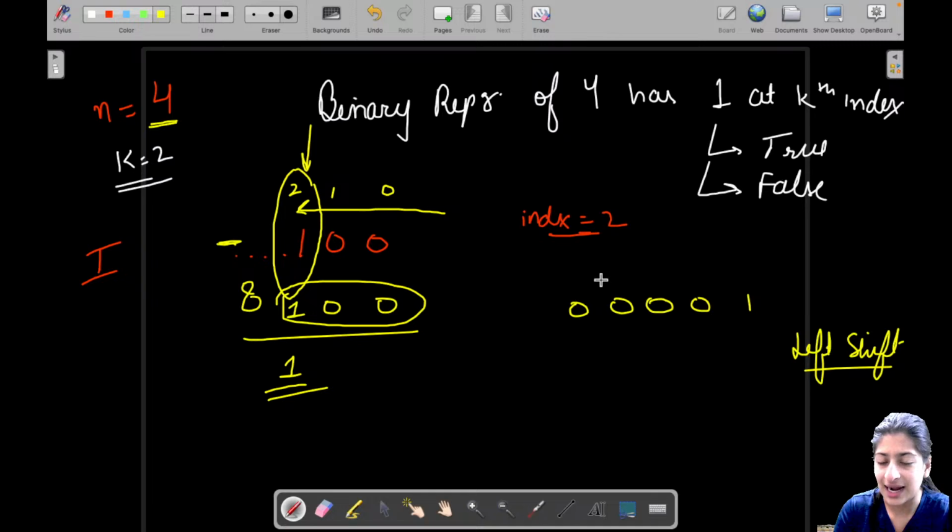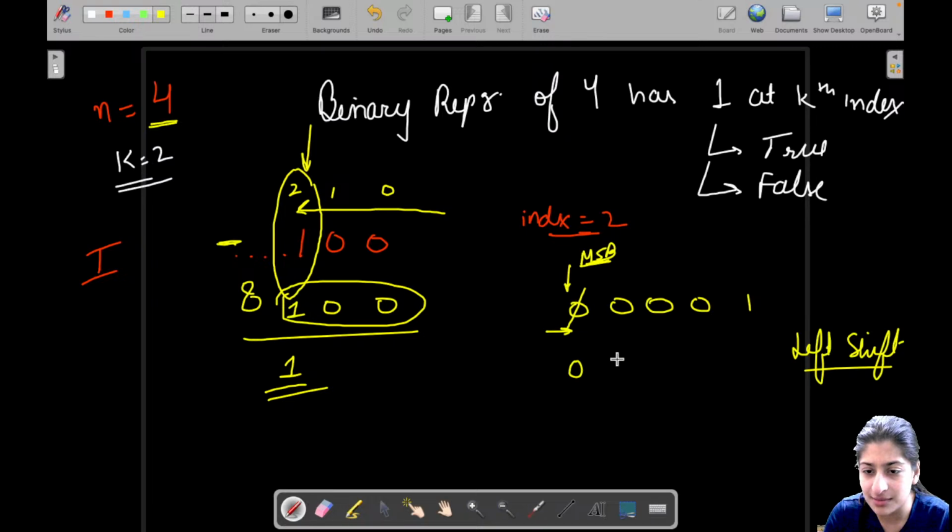When we do left shift by 1, logically we are multiplying that number by 2. Basically the most significant bit gets removed and you shift the number by 1 position to the left. So your number becomes like this, right?